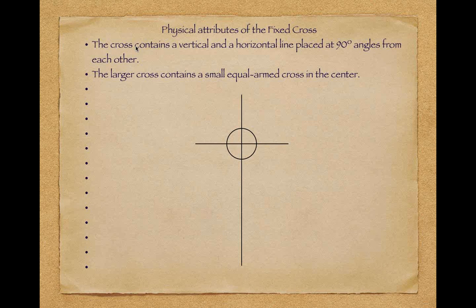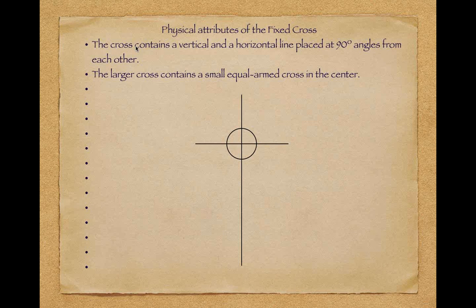Anybody else? Yes, I got a couple more comments. Laura Lee says the horizontal line represents the life of service. Oh, wait a minute. That's a great comment, but it actually belongs in the second part of our analysis. This is strictly physical attributes.